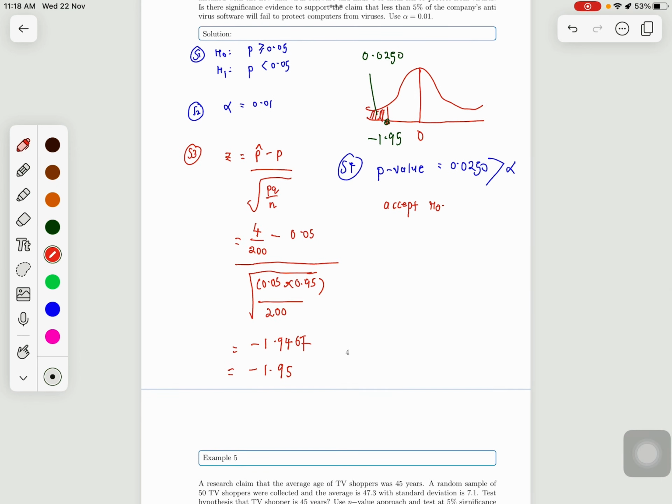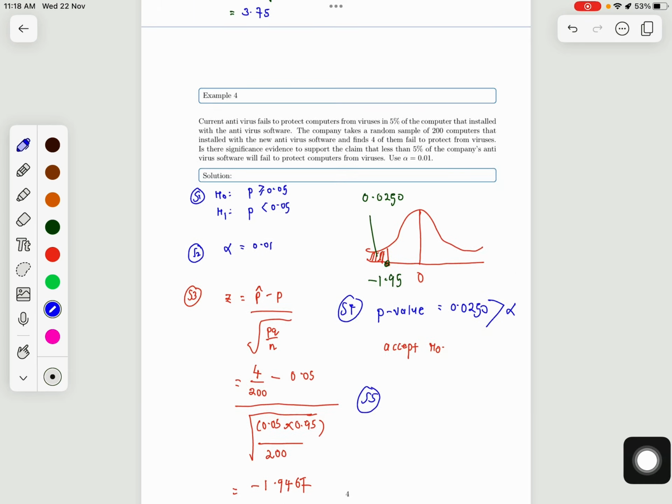Don't get confused, just focus on accept H0. And the last step, we need to answer the question. Is there significant evidence to support the claim that less than 5%? No, because we accept H0. So there is no significant evidence.